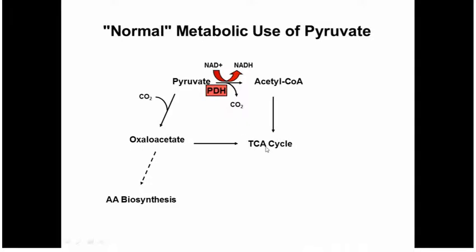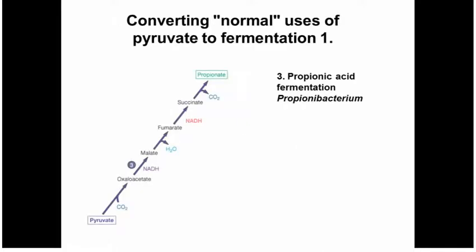So think about this, because it makes some of the complicated looking fermentation pathways a little bit easier to understand. So propionic acid fermentation is performed by Propionibacterium. Wow, I would never have guessed. So what is happening here? Pyruvate is transformed to oxaloacetate.